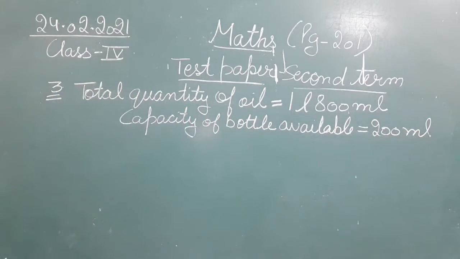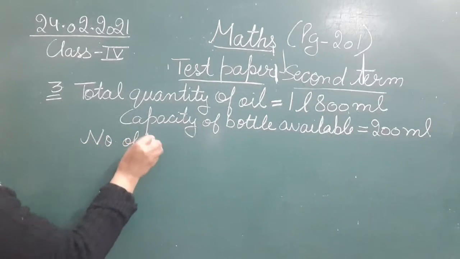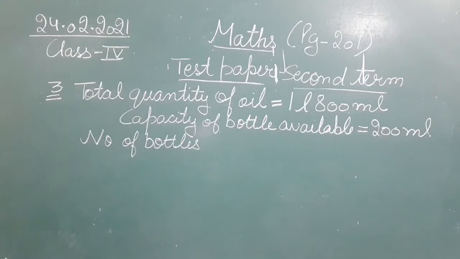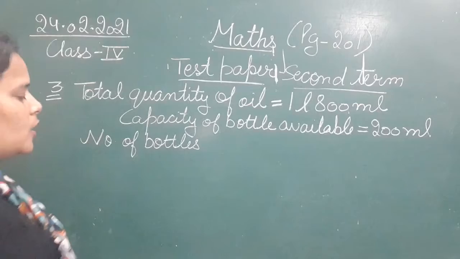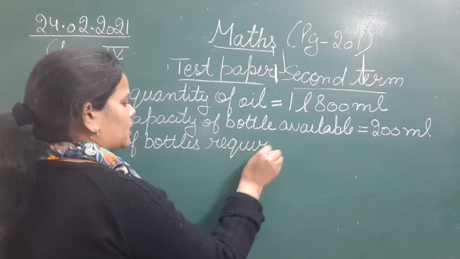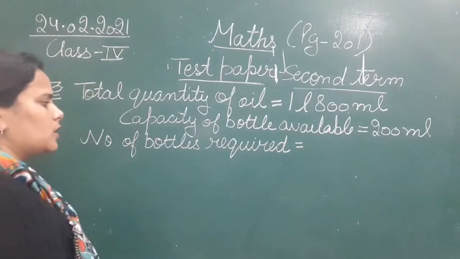Now the question is that we need to find the number of bottles required. कि हमें कितनी bottles चाहिए. Okay, so we need to calculate the number of bottles required. For this what will we do?